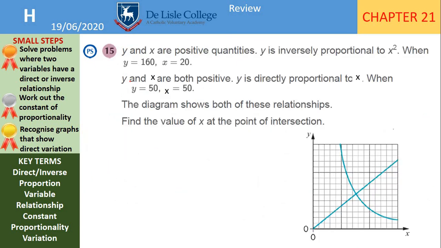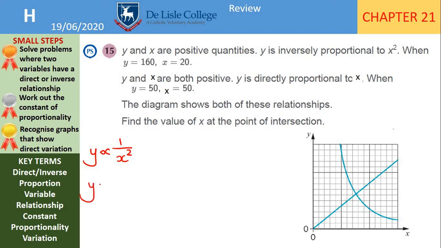Final question then, y and x are positive quantities. Y is inversely proportional to x squared. Hopefully you recognise that this is the curved part of the graph. When y equals 160, x is equal to 20. So let's use this. Remember, inverse is the 1 over.